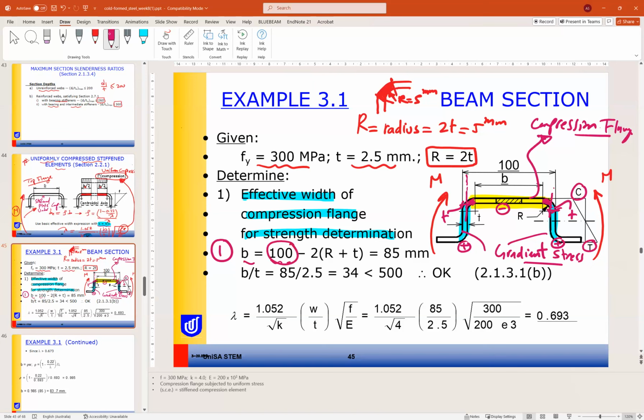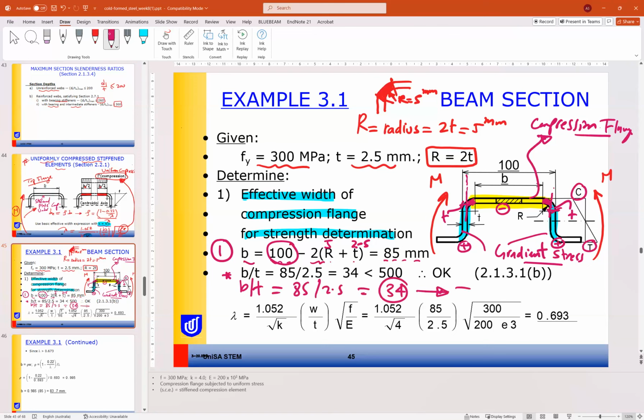So b is the total b minus 2 times r plus t. In this case, b will be 85 millimeter because r is 5, t is 2.5. So b over t, the slenderness check, equals 85 divided by 2.5 equals 34.